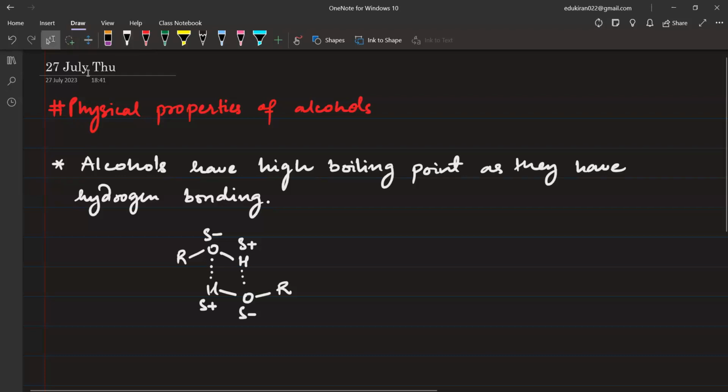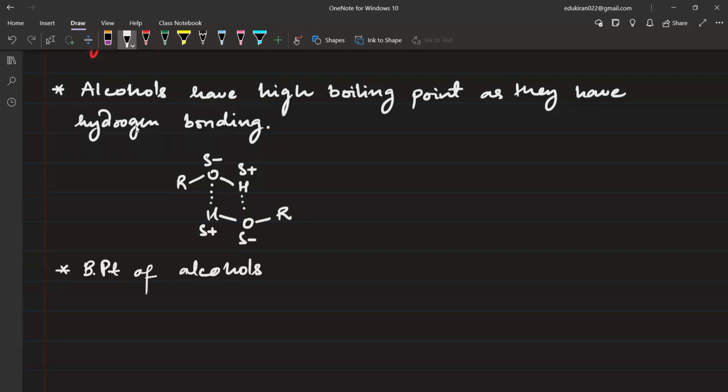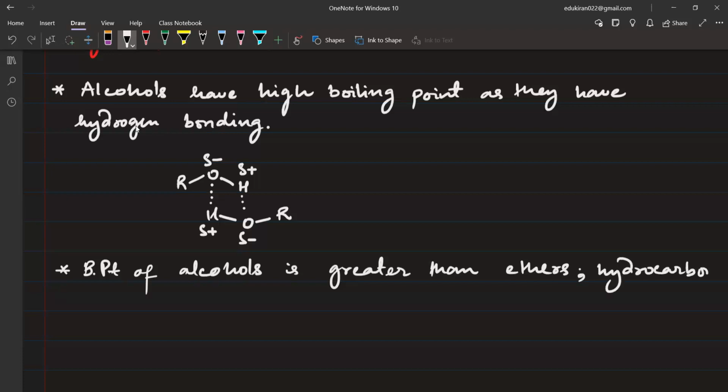Right, next. Boiling point of alcohols is greater than ethers, hydrocarbons, haloalkene, aldehydes, and ketones.